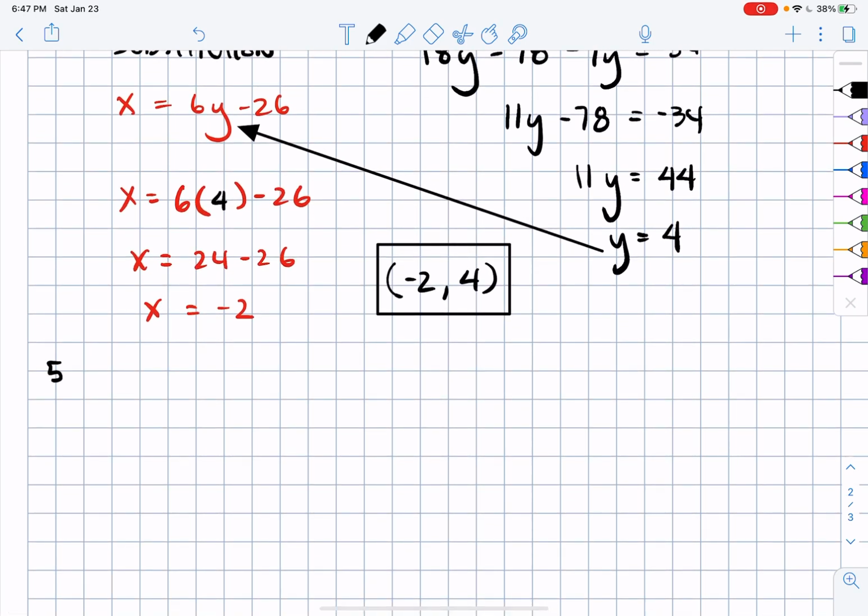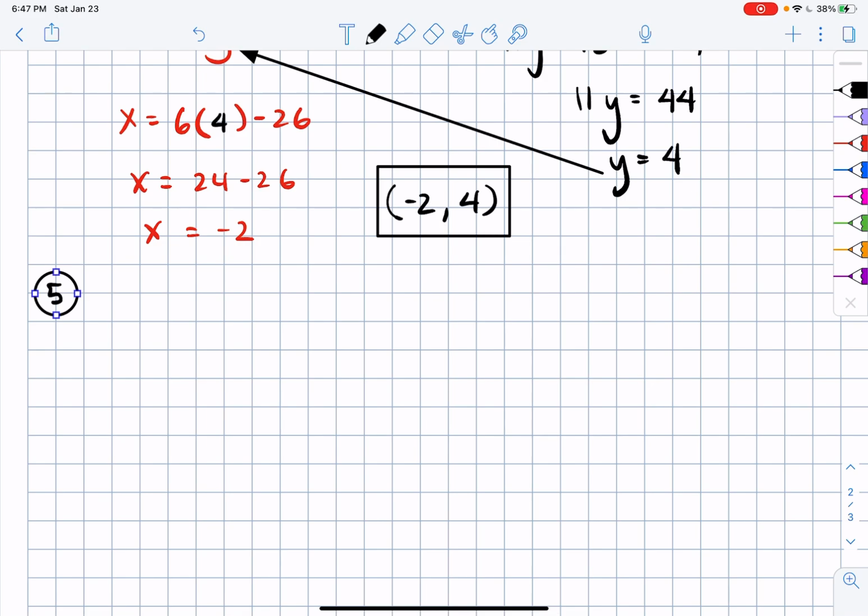On to number 5. All right, number 5. Ooh, 3 equations, 3 unknowns. All right, so I have x plus 5y plus 2z is equal to 15.